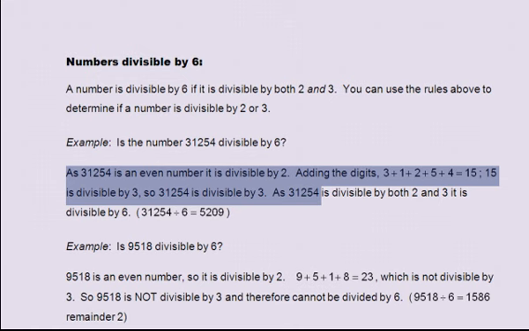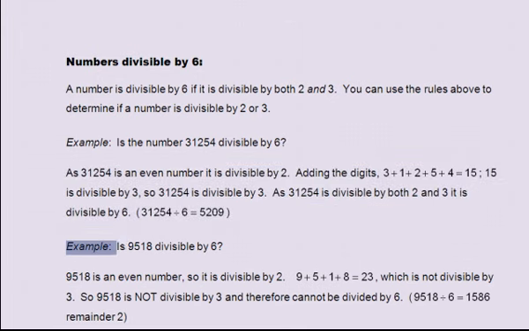As 31,254 is divisible by both 2 and 3, it is divisible by 6. 31,254 divided by 6 equals 5,209.